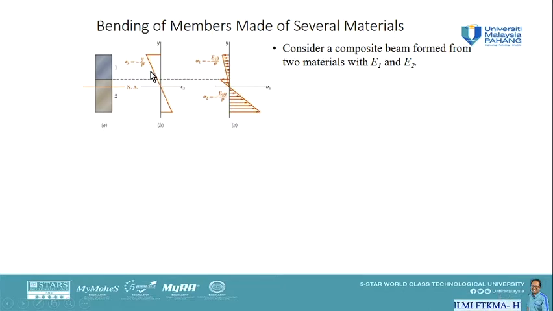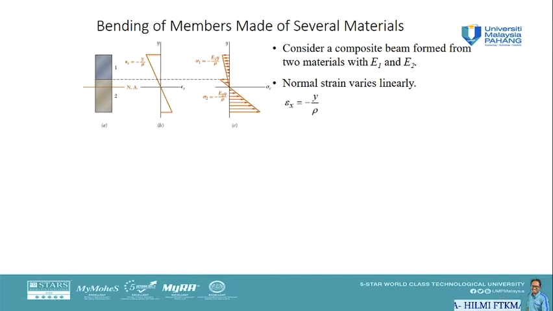we are going to get the normal strain epsilon x varying linearly with the distance y from the neutral axis of the cross section. So considering the distance y from the neutral axis, we have the formula epsilon x equal to negative y over rho, where y is the distance from the neutral axis.